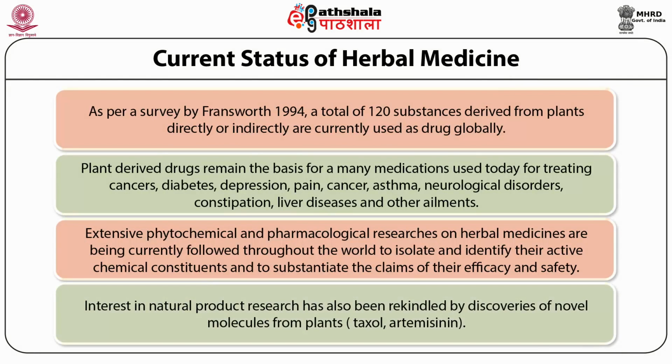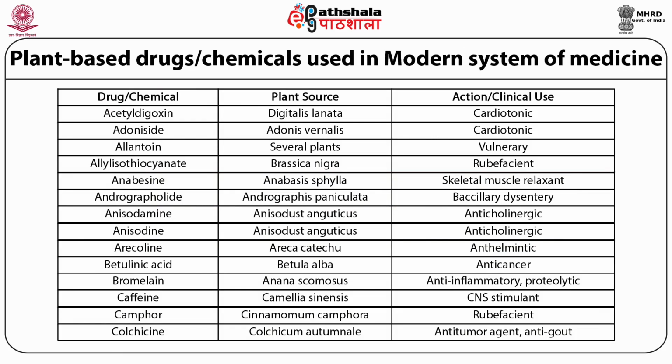There have been evidences or events that have made the research in herbal medicines all the more important, like the discovery of Taxol, artemisinin, camptothecin, topotecan, etc. This table gives an outline of various plant-based drugs or chemicals as used in modern system of medicine.